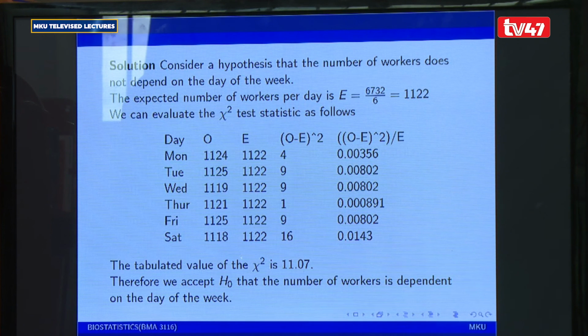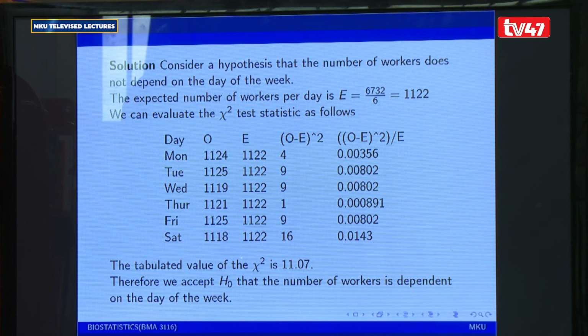You don't need to know whether it's a Monday, a Tuesday, a Wednesday, or so on to know the number of workers you need. Now, the expected number of workers per day is the sum of the number of workers in every day, divided by the number of days included, which is 6, which becomes 1122.